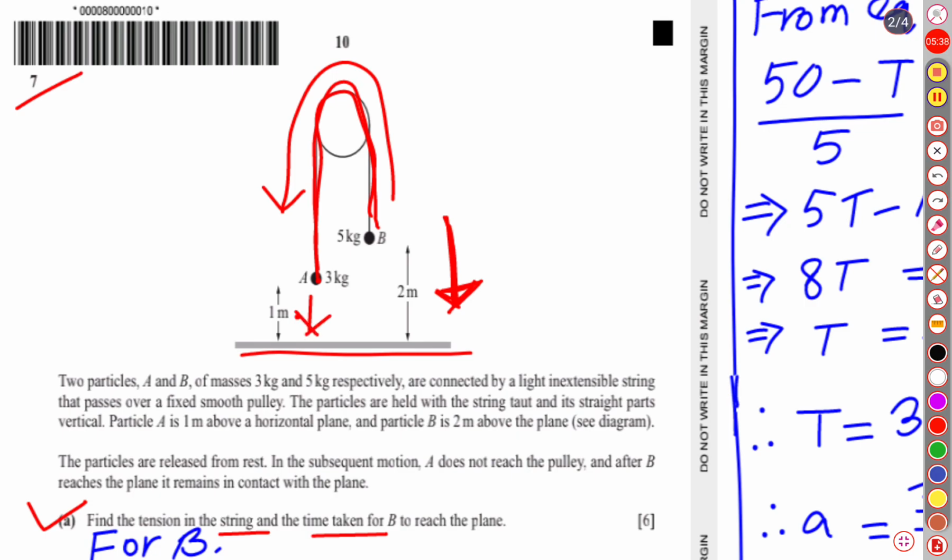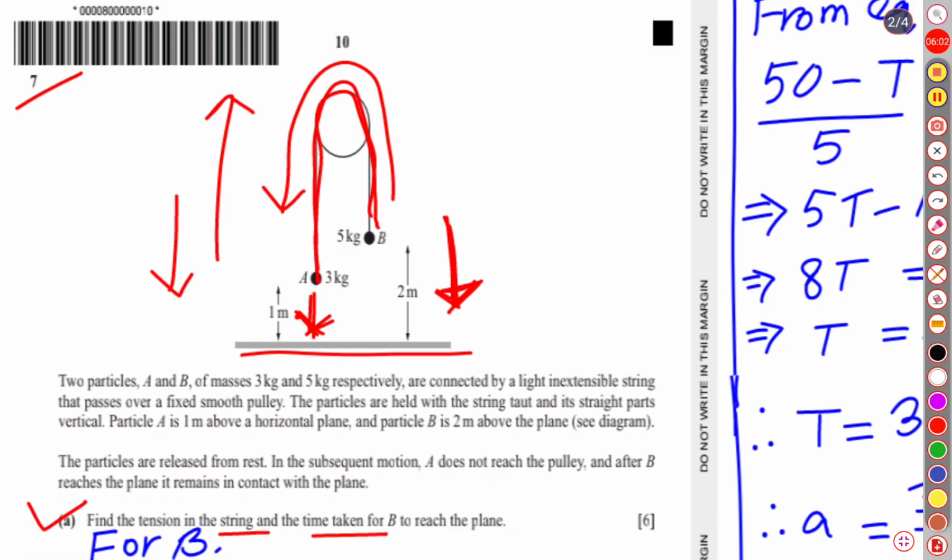In the case of B, weight was driving it downward and tension was resisting it. Whereas for A, weight is resisting downward and tension is moving it upward. So for A, tension is going upward, so tension is positive, the driving force, and weight will be the resisting force.